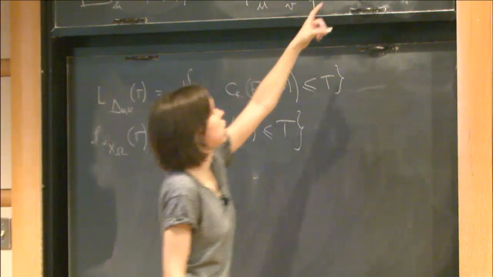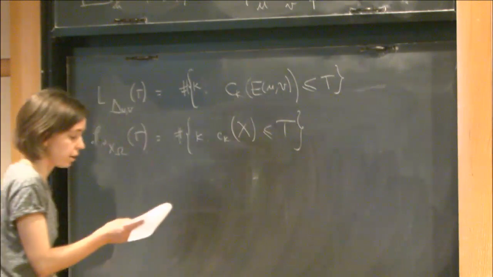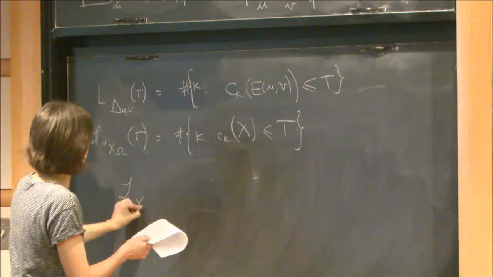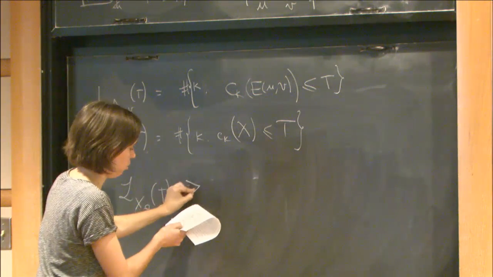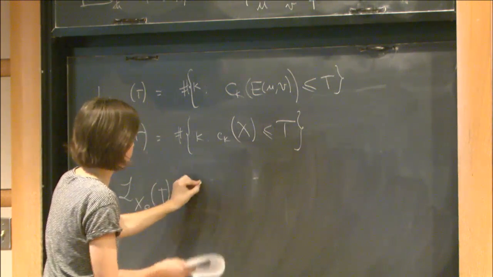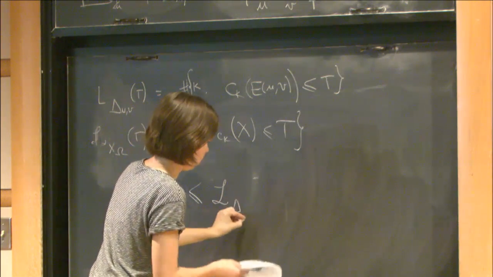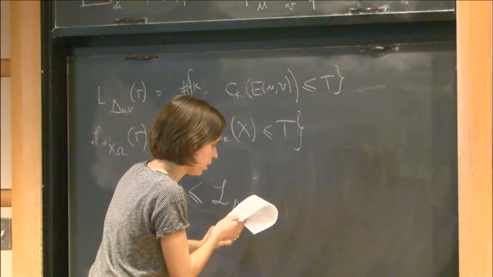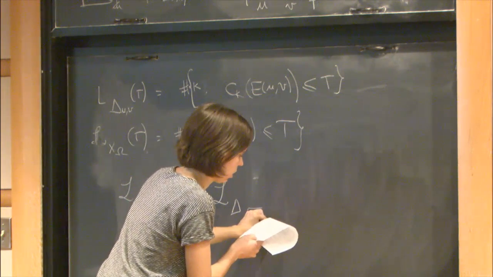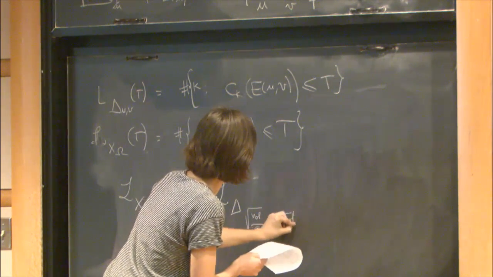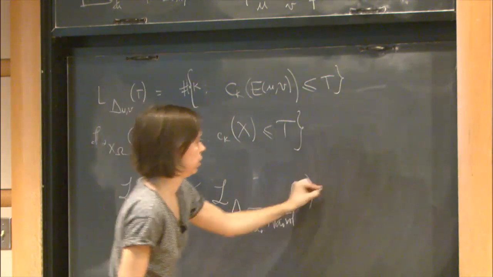And it turns out that showing that this is smaller than that boils down to showing that L X omega of t is smaller than or equal to L delta square root vol over a naught square root, for all t.